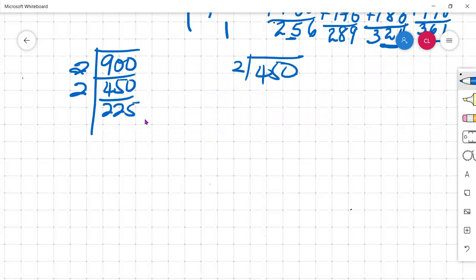Now, this is 5 and 2, 7. 7 and 2 would be 9. So the next prime number that can go in there would be what? 3. Very good. How did I get to that? I used the divisibility rules. Adding these numbers together, I know that 3 can go into the number if the sum of the digits is a multiple of 3.